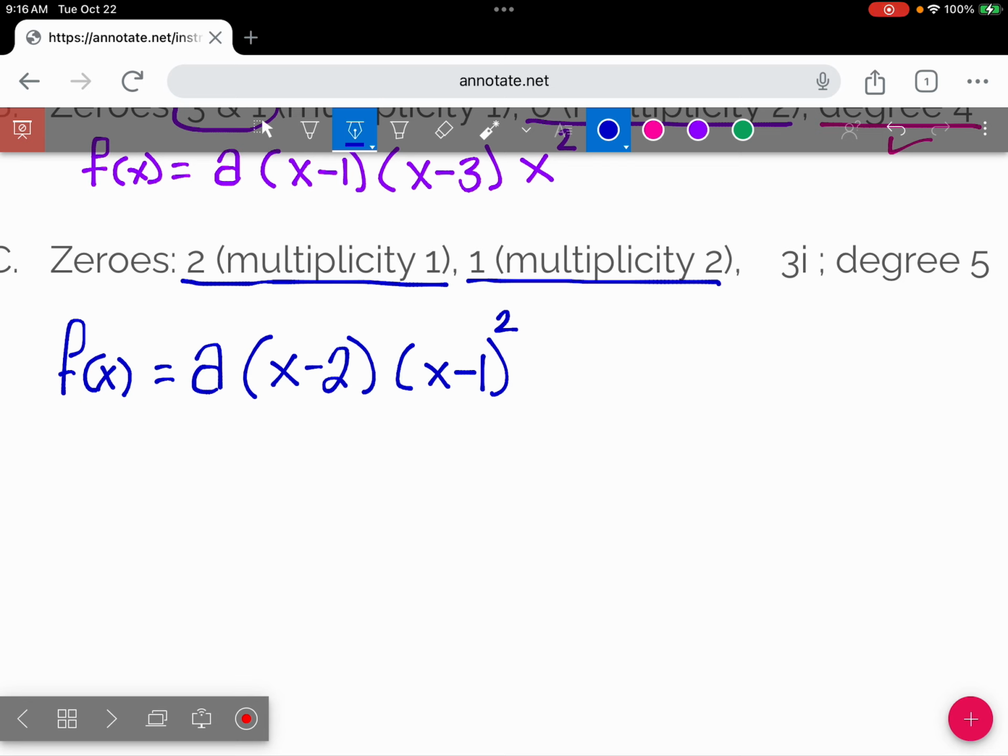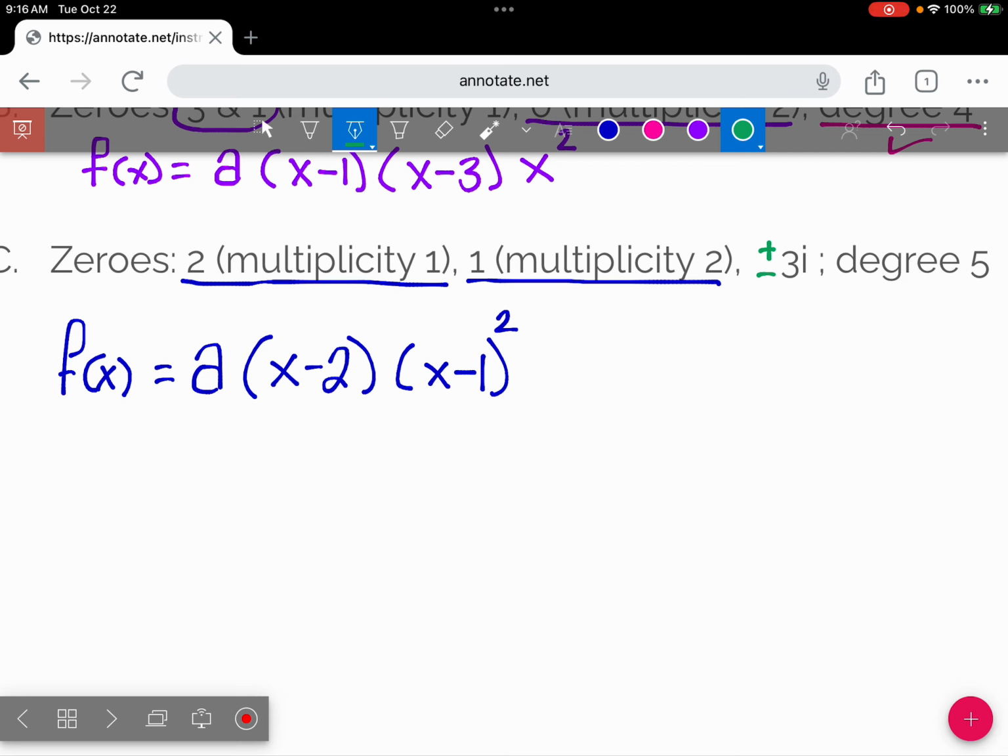And the thing with imaginary roots is they never happen individually. They never happen on their own. It is always, always, always, every time going to be plus and minus. Every single time. Imaginary roots cannot happen in singularity. They can't. They always happen in pairs like that. So we're going to have positive 3i and negative 3i.